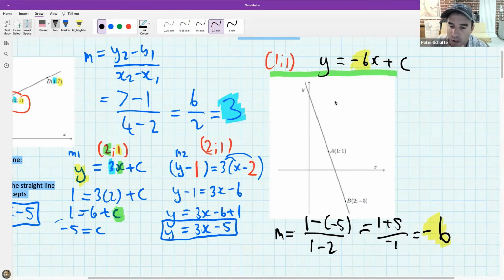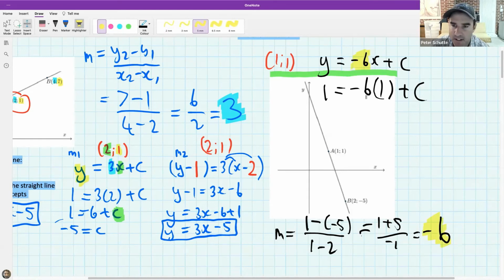Yeah. So I'll do the second bit for you. I'm not going to do both methods this time, but I'll switch between the 2 methods tonight and use them. We should always get the same answer. So if I sub in, now I'm subbing in this point 1. Oh, here's your 7. Here we go. I get 1 equals minus 6 plus C. So I have to move my minus 6 to the other side.